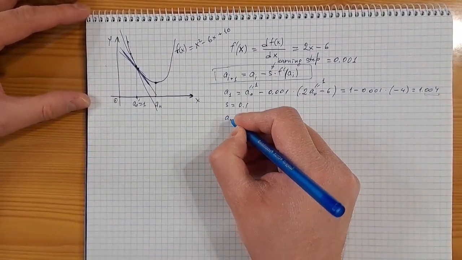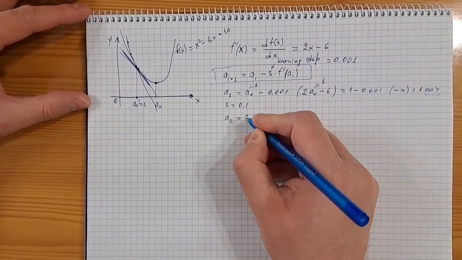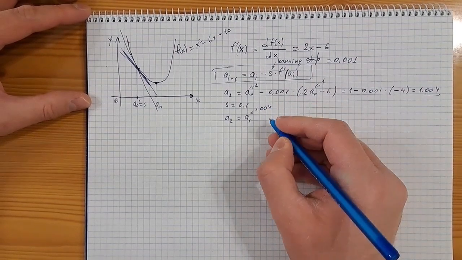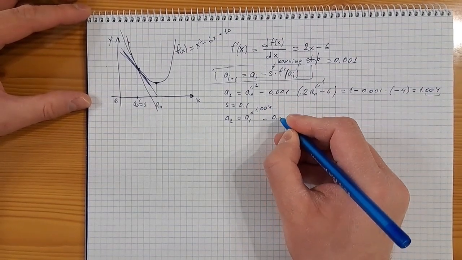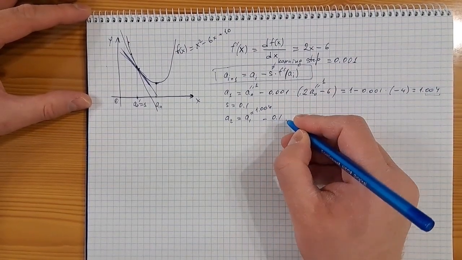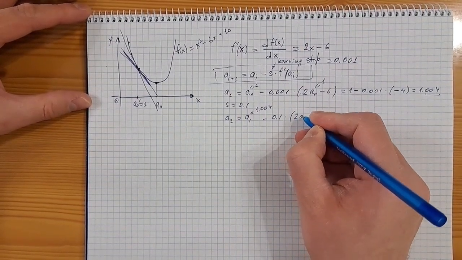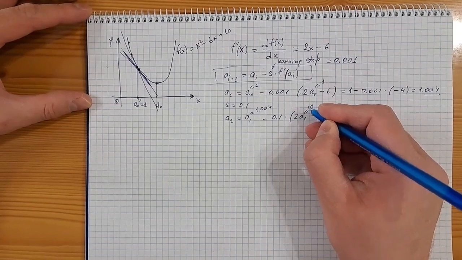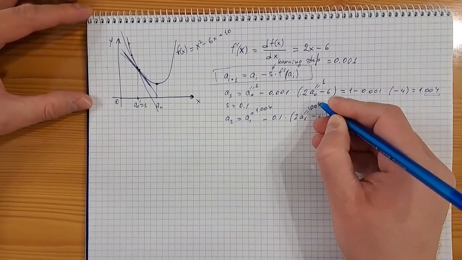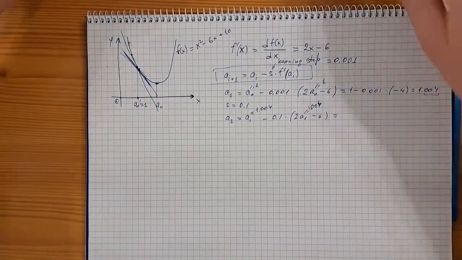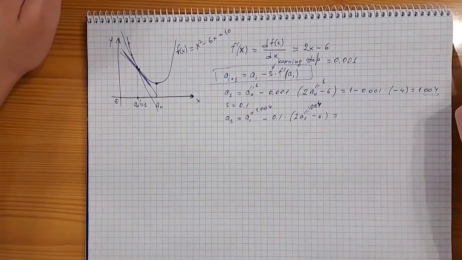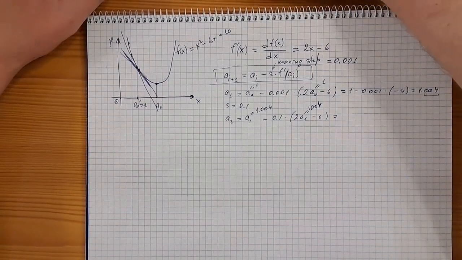So a2 equals a1, which is 1.004, minus 0.1 times 2 a1 minus 6. This equals 1.004 minus, and I'll make some calculations quickly.